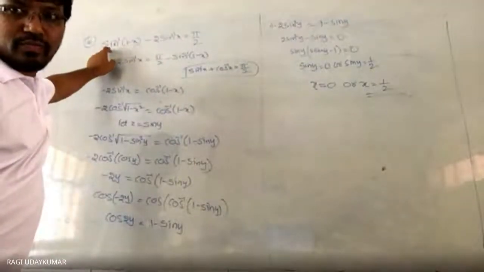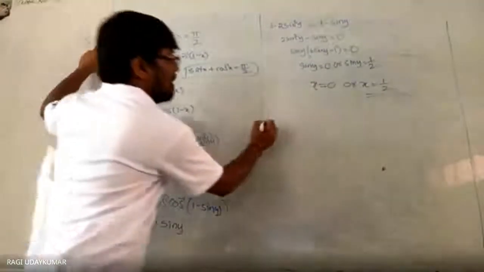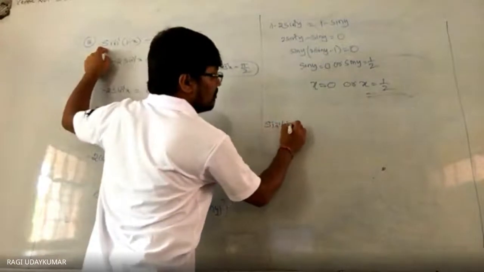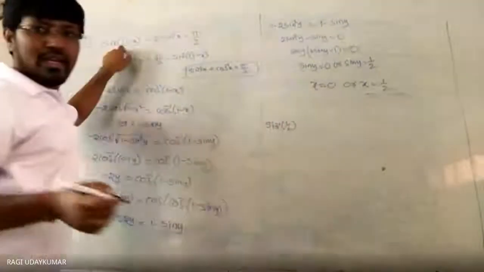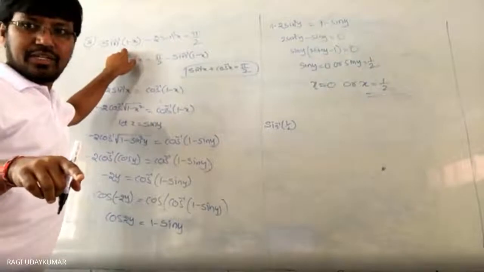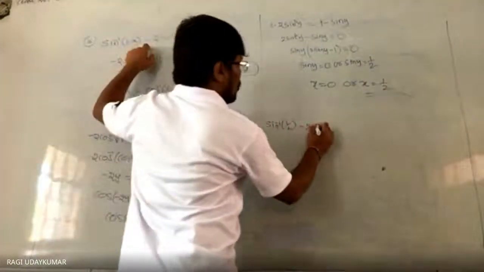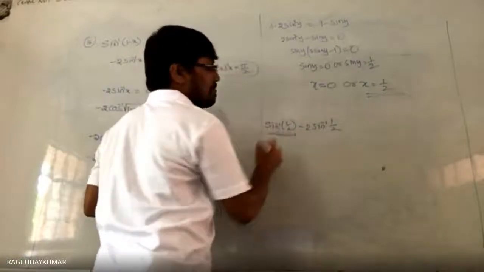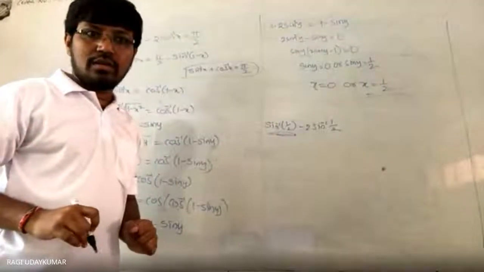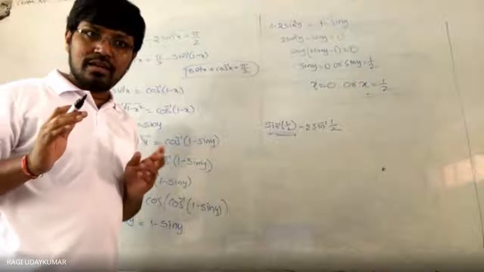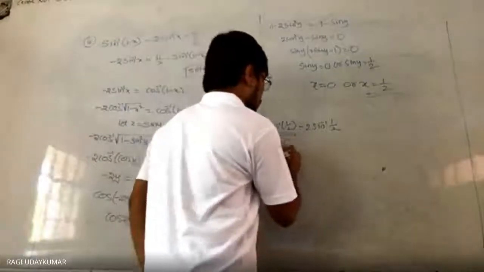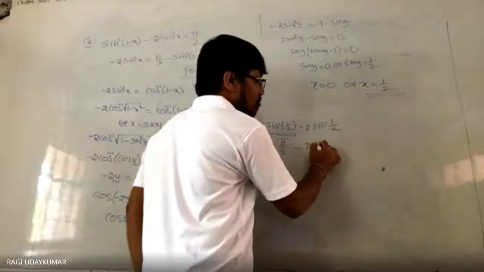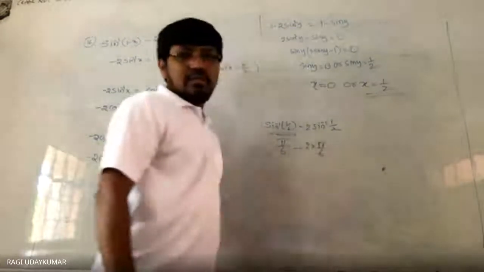But if you take 1 by 2 and substitute in this, what do you get? Sin inverse of 1 by 2 minus 2 sin inverse of 1 by 2. The value of sin inverse of 1 by 2 is pi by 6, minus 2 into pi by 6.